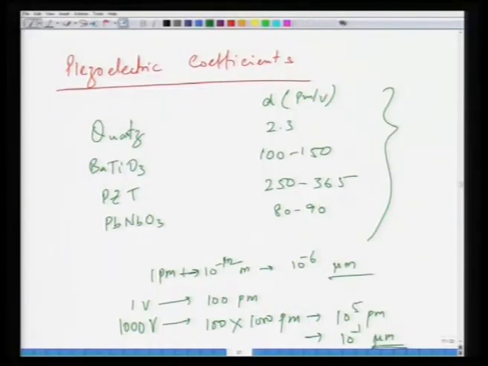So, in terms of the material's dimension, it is very large. This may not be appreciable for a very big material, but for thick and thin films, this 0.1 micron is a very large displacement, and this is what makes them very useful in the form of actuators, transducers, etc., where this displacement is massive.